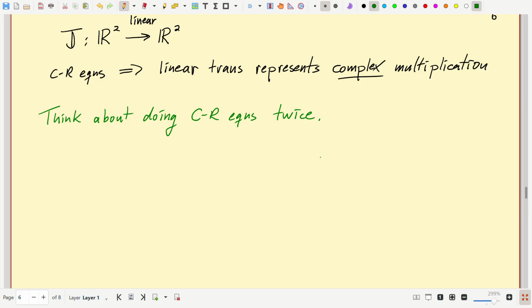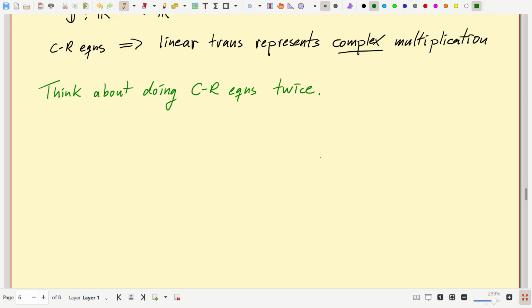It's easy to come up with real functions that are once differentiable, but not twice differentiable. If I asked you to try to think of a complex function that was once complex differentiable, but not twice complex differentiable, you would never find one. There's no such thing. So I'll call this an amazing fact, a miracle, that makes this a worthwhile thing to think about.